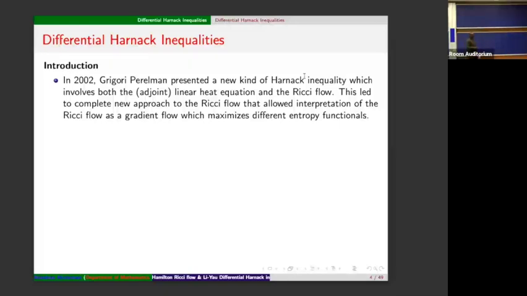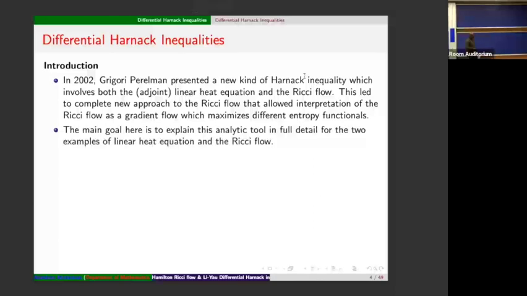This led to a completely new approach to Ricci flow, which allowed the interpretation of Ricci flow as a gradient flow which maximizes different entropy functionals. The main goal today is to explain this analytic tool in full detail for the two examples of the heat equation and Ricci flow.